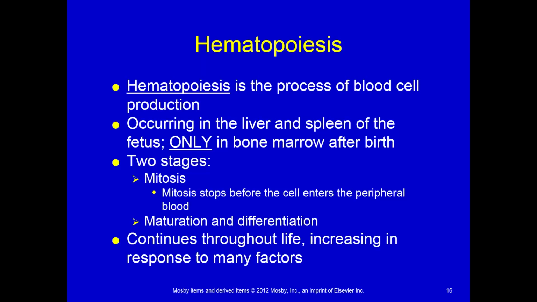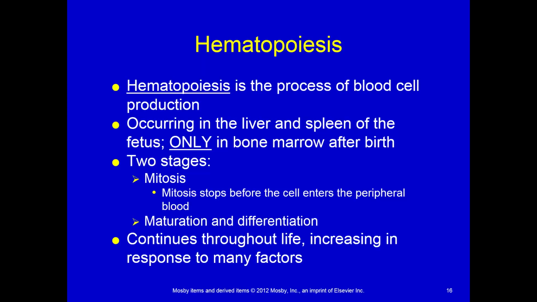So, it is a very technical, very complex process that involves biochemical stimulation of a lot of different populations of relatively undifferentiated cells in our body. Basically, these very undifferentiated, primitive stem cells undergo two stages: one, mitosis, and two, maturation and differentiation of those cells.